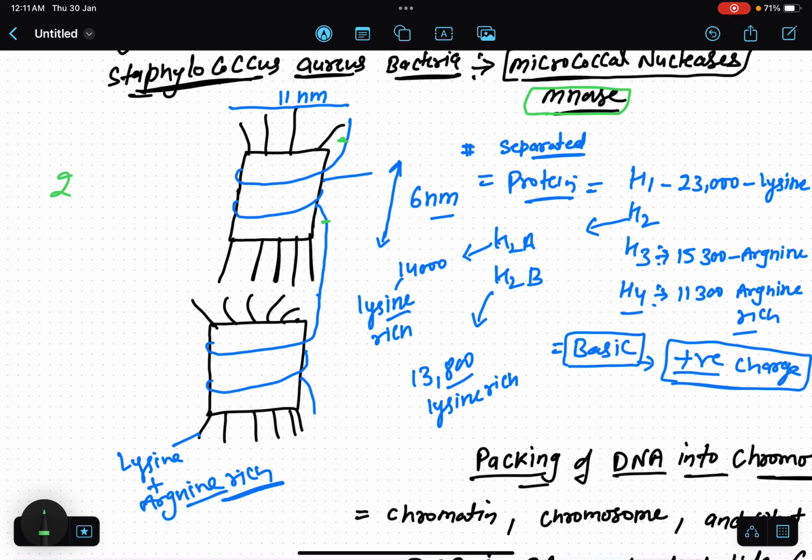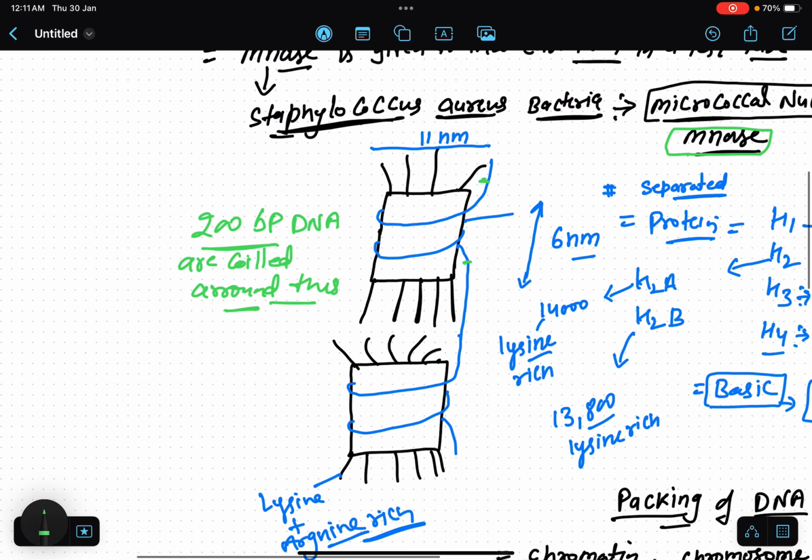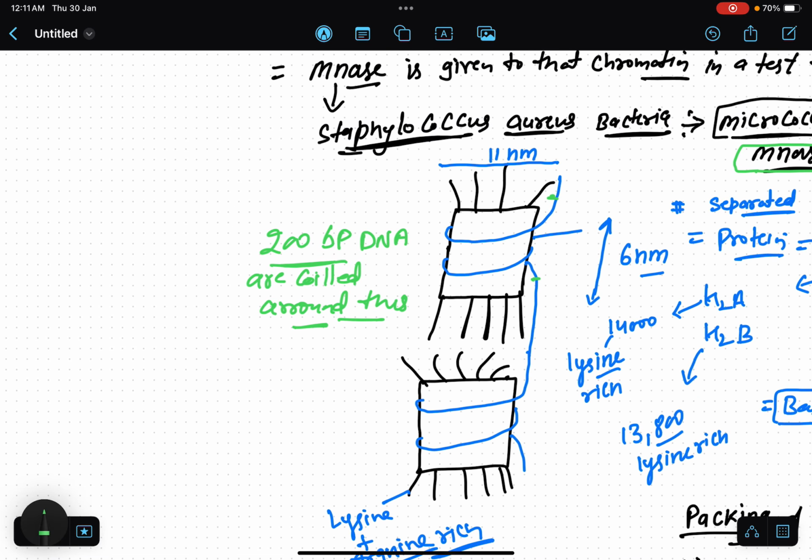We found that 200 base pair of DNA are coiled around this, and further study shows that this octamer is made up of 4 types of protein: H2A, H2B, H3 and H4, and each has 2 units.